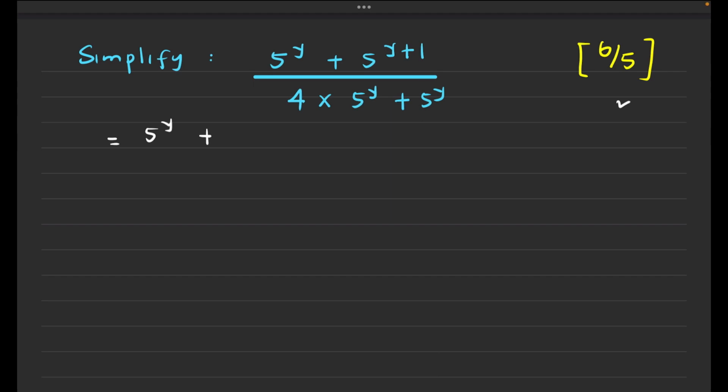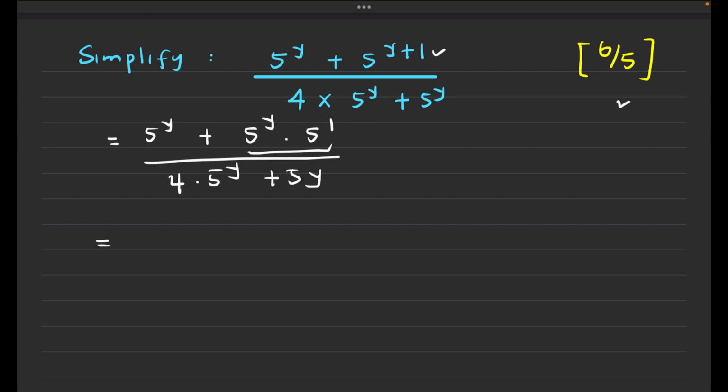It's coming from 5 to the power y multiplied by 5 to the power 1. If you use the product rule over here, you're definitely going to get this. So we divide everything here by 4 multiplied by 5 to the y plus 5 to the y.